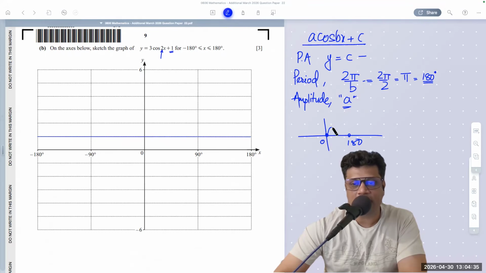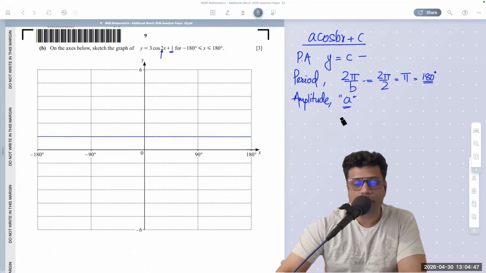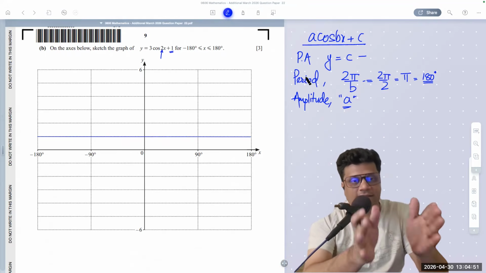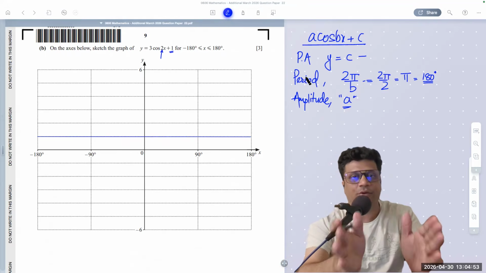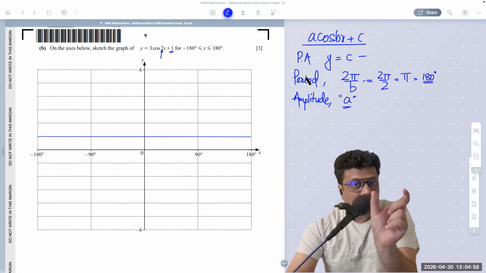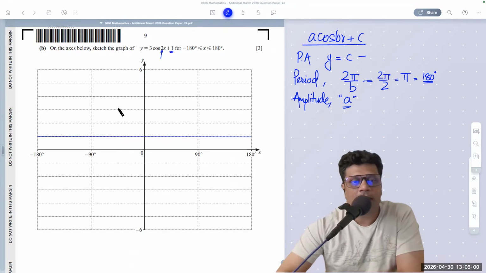So it's either going to be a sine curve like that, that's one entire wave, or you can have something like this when it's a cos curve. One entire wave is what you're expecting to exist between 0 and 180, or 180 and 360, a gap of 180 should be there.